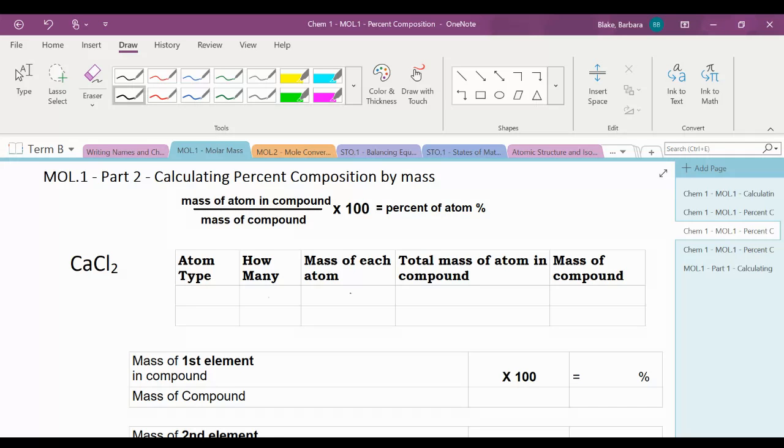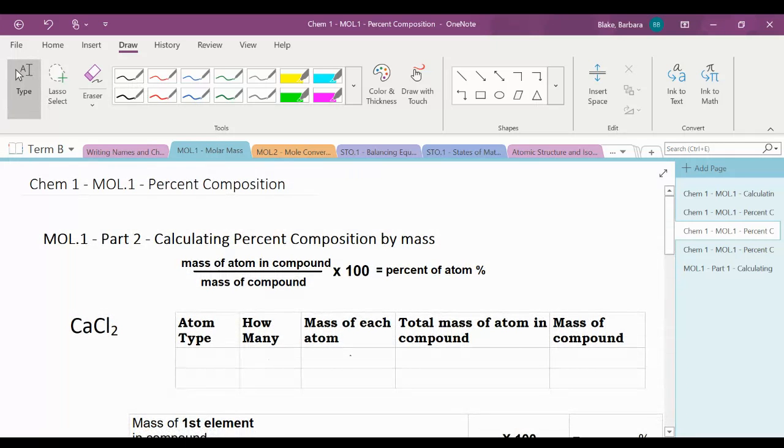So when we take a look at percent, what do I know about percent? Well, all percents are basically the same. A percent is always going to be some part that is going to be divided by a whole, and we take it times 100.